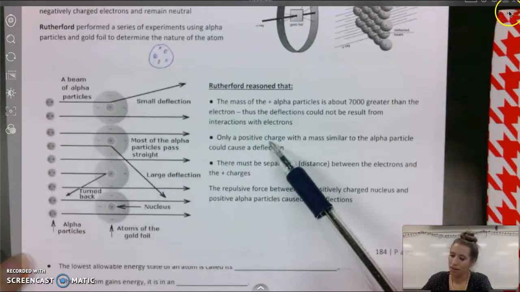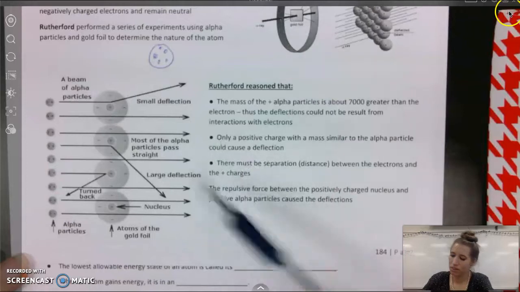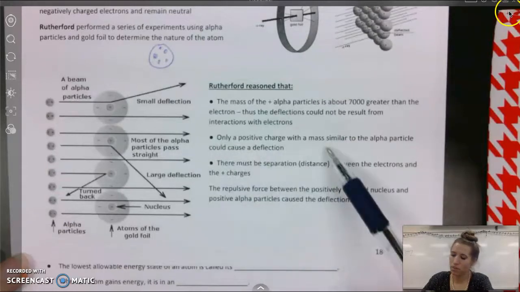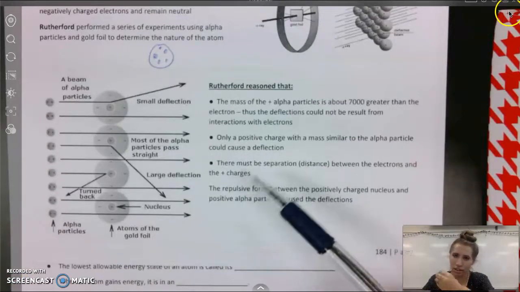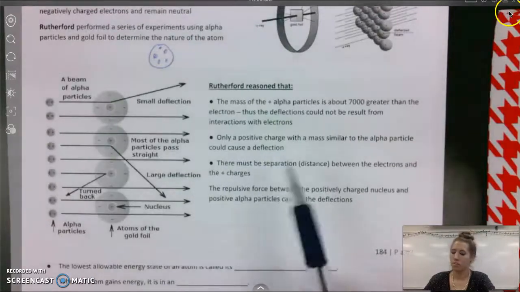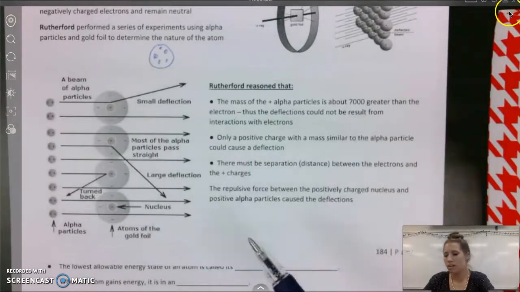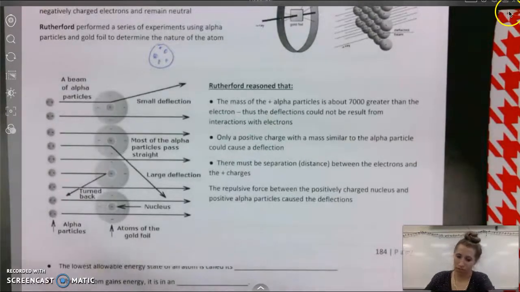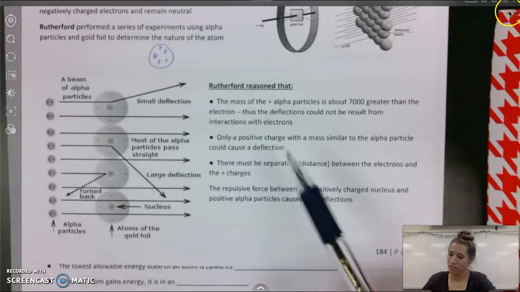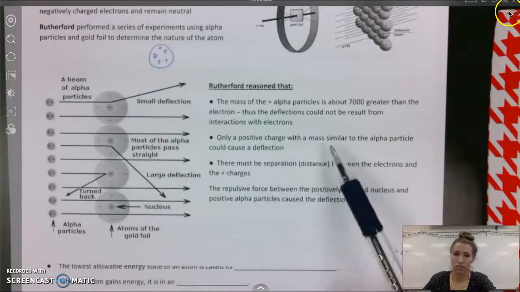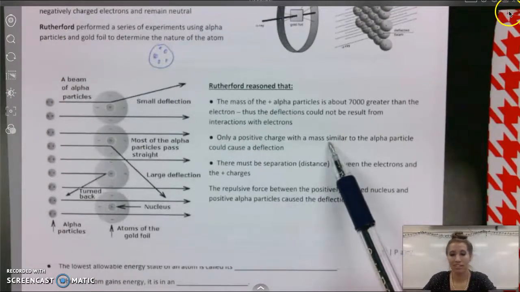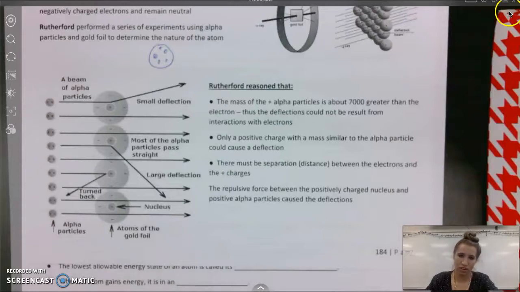Also, we knew alpha particles were positive. So if we have this positively charged massive particle compared to electrons that is being deflected and reflected back, then we must have a positively charged similar mass inside of these atoms in order for that interaction to occur.